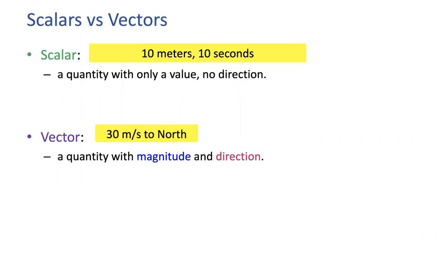As an example, the velocity of the car was 30 meters per second towards north. We call these vector quantities, magnitude with direction. Oftentimes, we use an arrow to represent vector quantities.